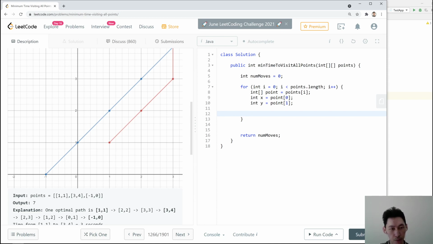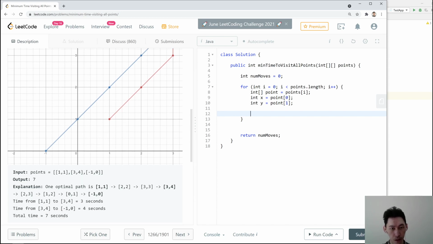Minus 1, 0, and then we subtract 3 and 4. That gives us minus 4 and minus 4. The closest one, if you take the absolute value, is 4. So that gives us 4 movements. And the remainder of the largest one is 0 because they're identical. So it's 1, 2, 3, 4. 3 plus 4 is 7. So I think it works.